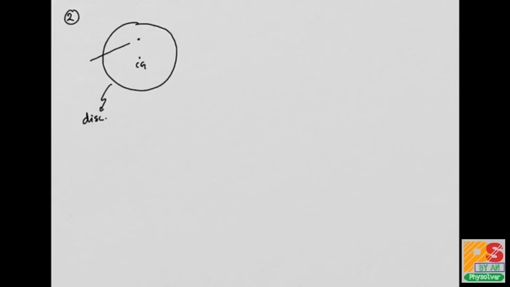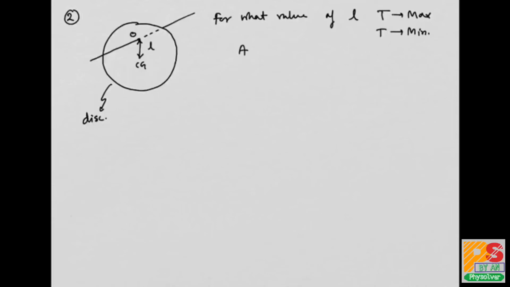Now the disk is pivoted here at O. This distance is given as L. They ask you for what value of L the time period would be maximum and the time period would be minimum. Also find those values of time period T max and T min.